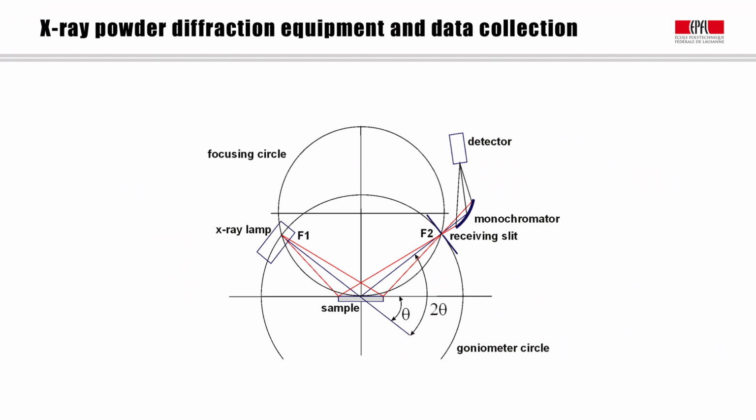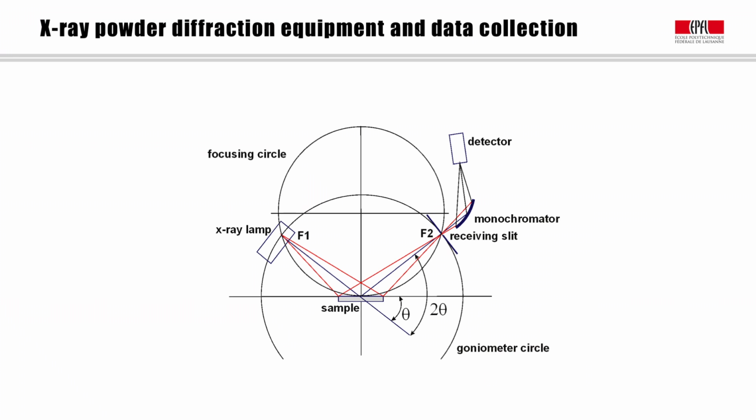In this geometry, the incident beam from the line focus of the X-ray tube diverges until it is reflected by the sample. The diffracted beam then converges from the sample and is focused at the point where the focusing circle and the goniometer circle intersect. Here, a receiving slit is positioned to filter out any unfocused radiation.